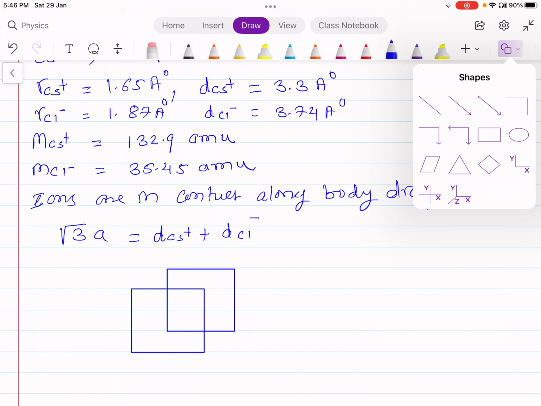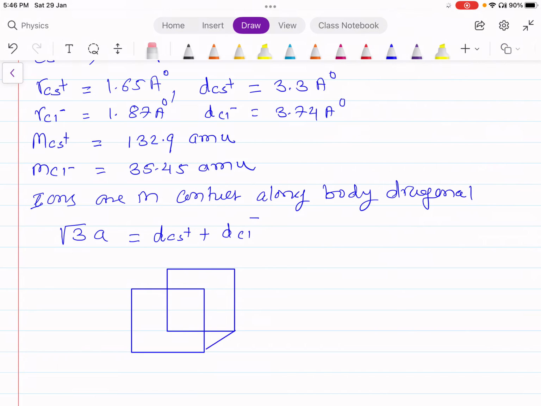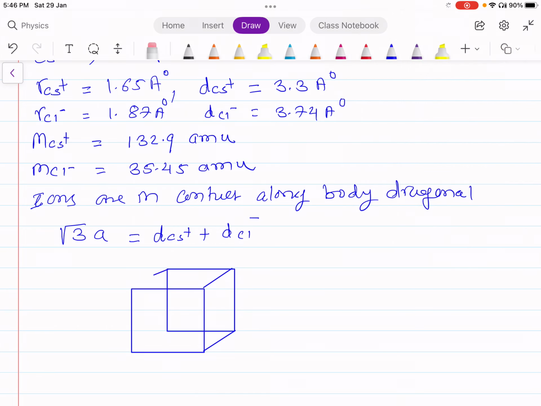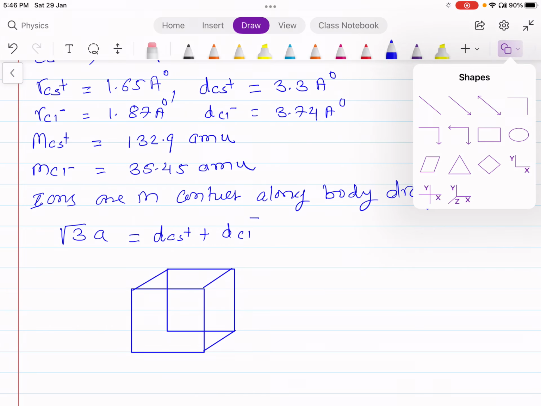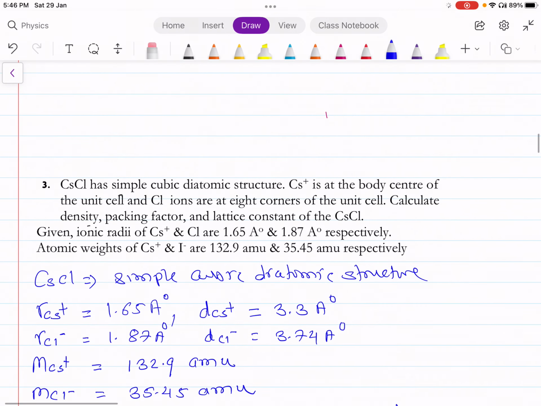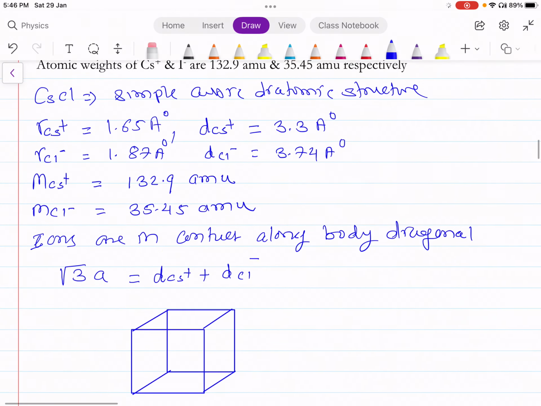So this is the cube, and in cesium chloride, as mentioned here, the chlorine ions are at 8 corners.